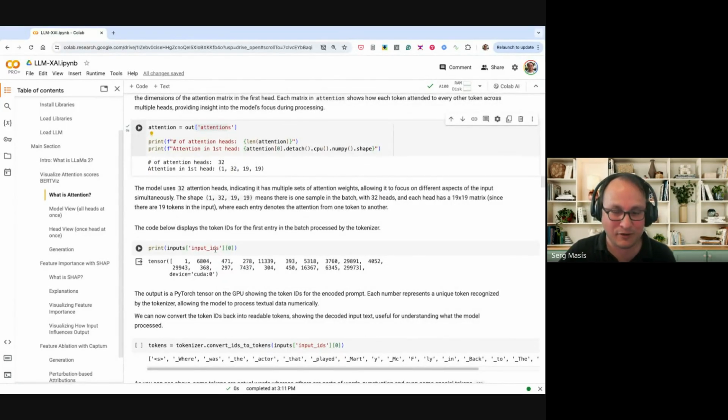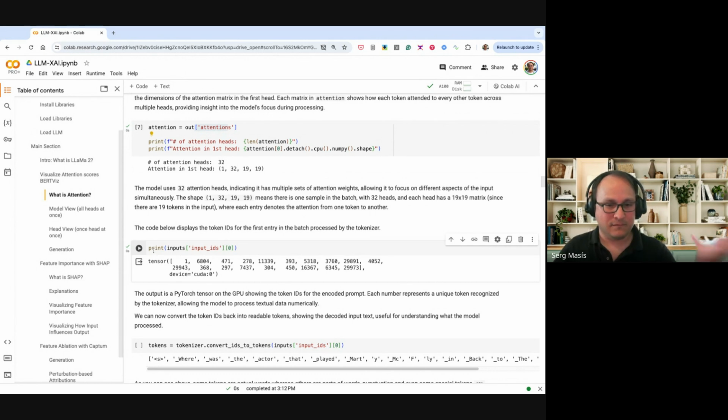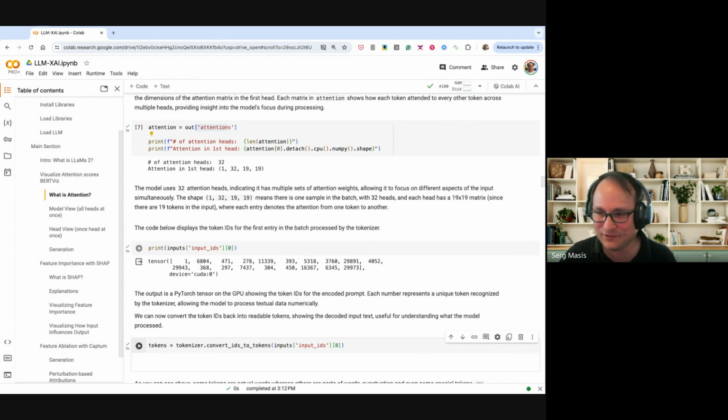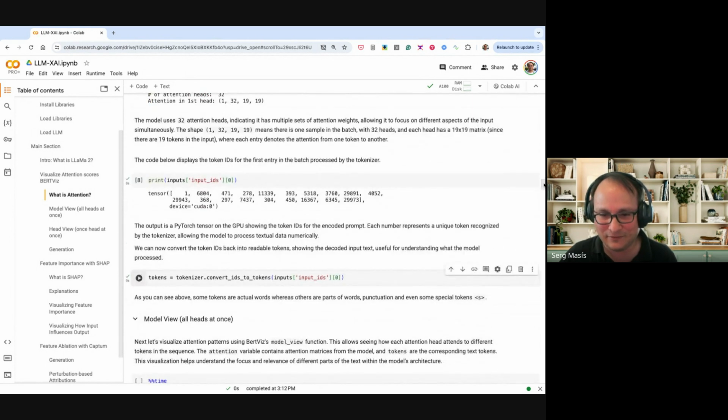And when I was talking about input IDs, you wonder, well, what are those? Well, the input IDs are the tokens turned into numbers. So each one of these numbers represents one of those tokens. And if we want to see what the tokens are, we can use this convert IDs to tokens, and I'll convert them back.